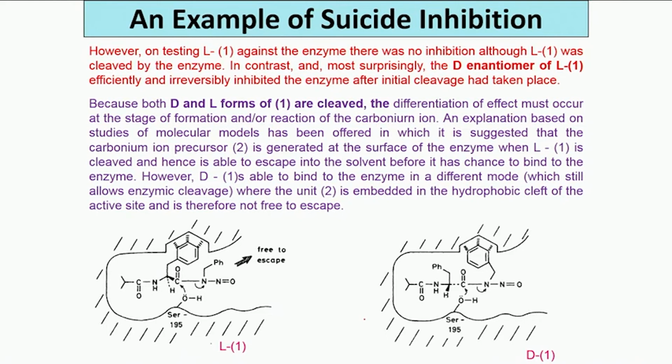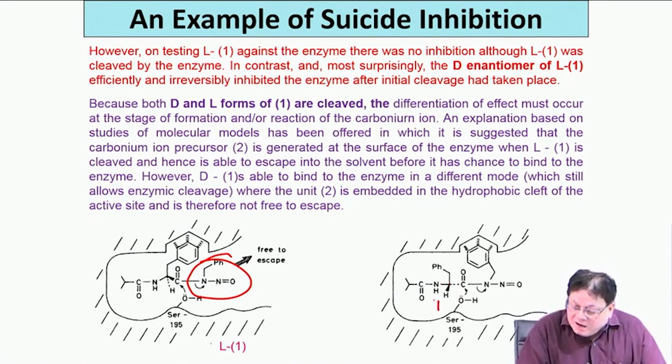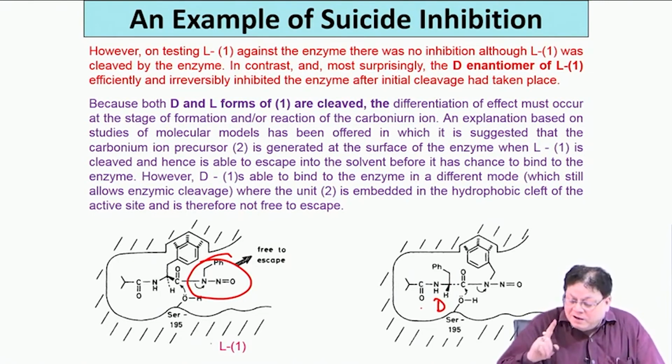What is this slight change? This is the one I was telling, that because this phenyl was being attached to the enzyme hydrophobic pocket, this part is free to escape from the enzyme active site. So, then what he did, he changed the configuration of this carbon. He made it a D-phenylalanine derivative.